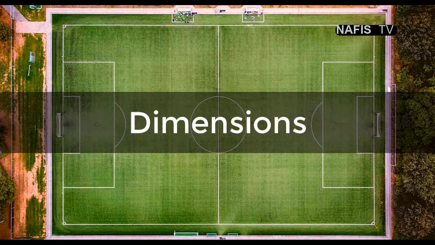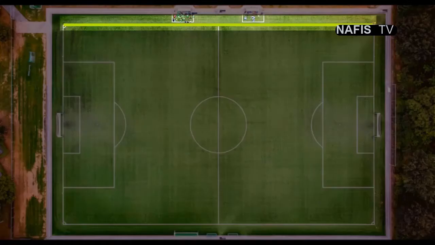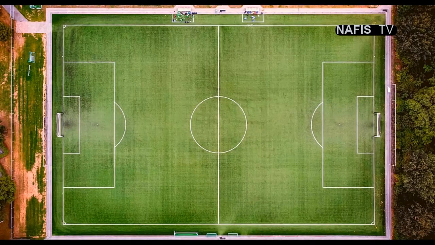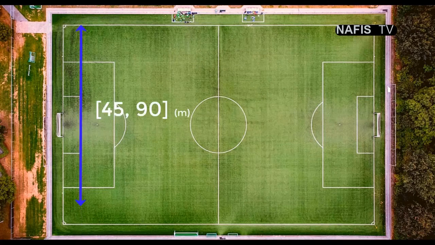Dimensions. The touch line must be longer than the goal line. The maximum length of a football field is 120 meters, whereas the minimum length is 90 meters.